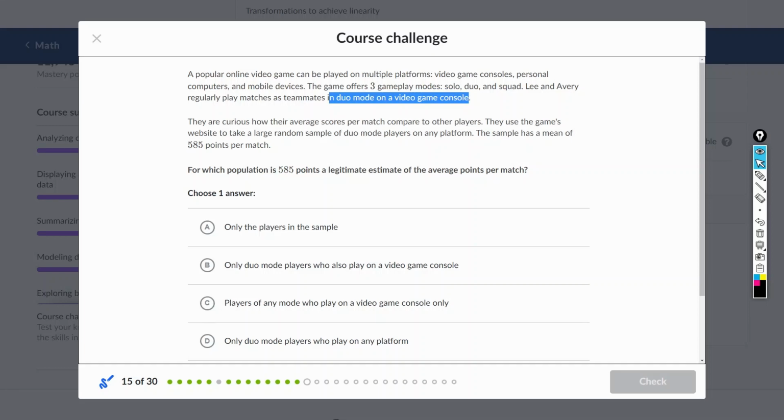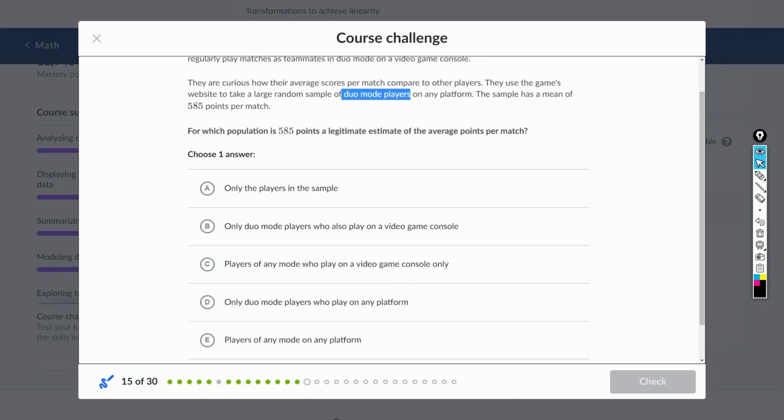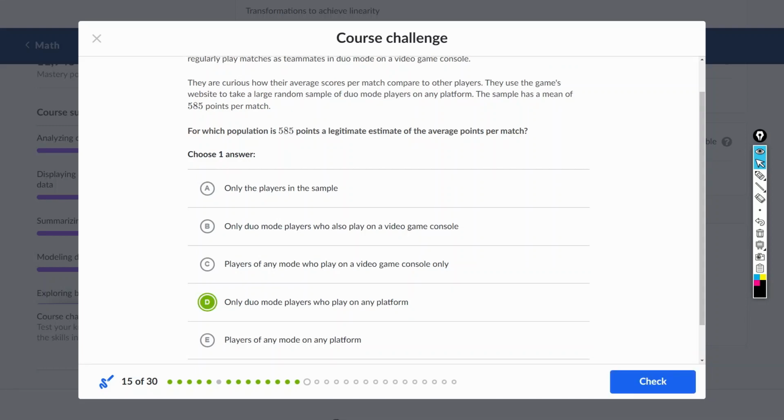They use the game's website to take a large random sample of duo players on any platform. The sample has a mean of 585 points per match. For which population is 585 points an estimate of the average points per match? 那么应该是 duo mode players who play on any platform.